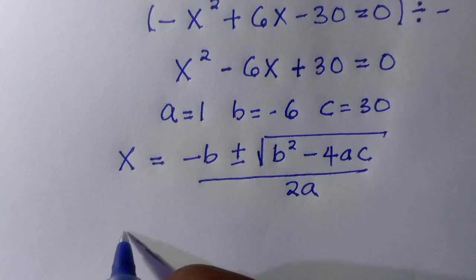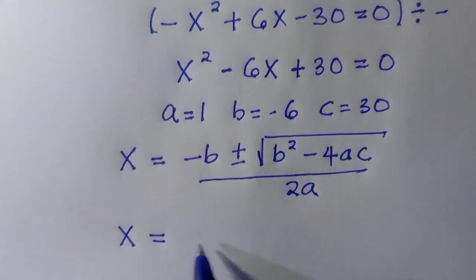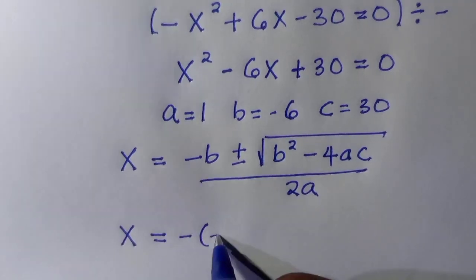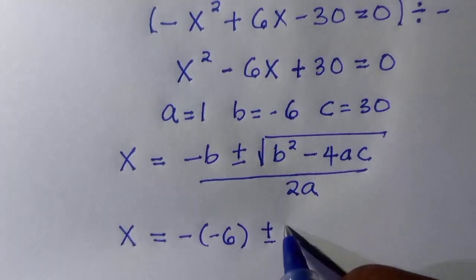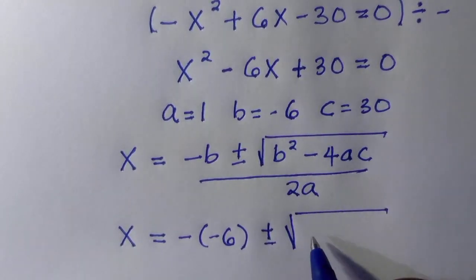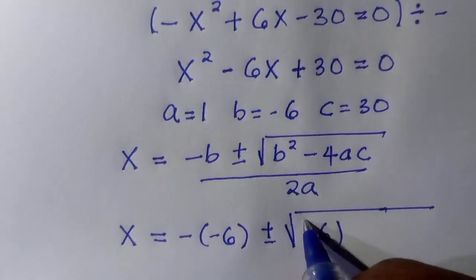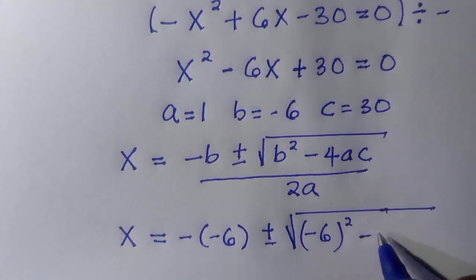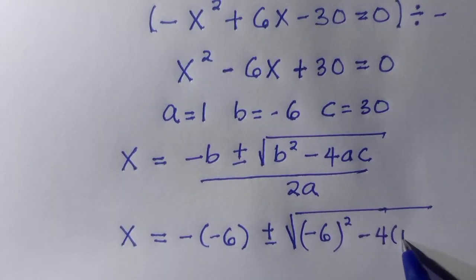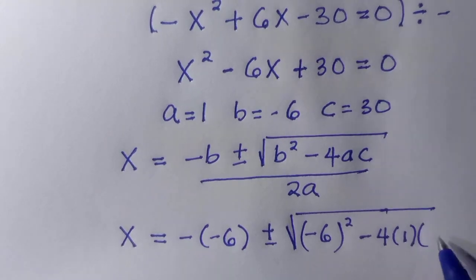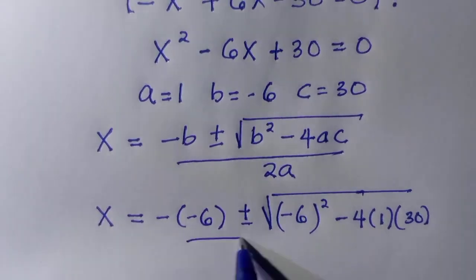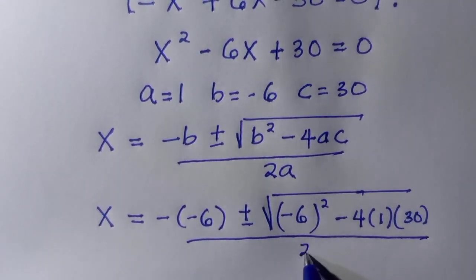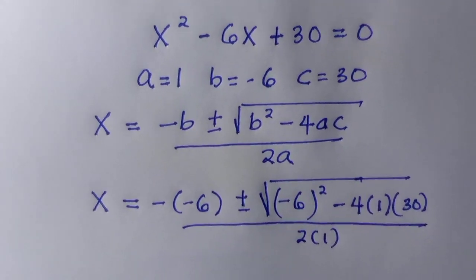So here is x equals minus into bracket of minus 6 for the value of b plus or minus square root of, so we have minus 6 square minus 4 into bracket of 1 into bracket of 30 divided by 2 into bracket of 1.